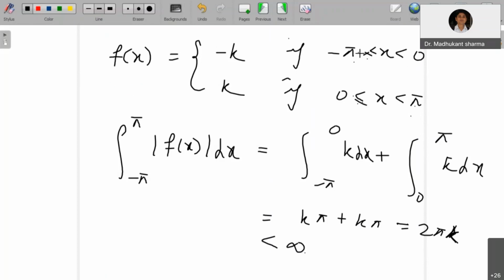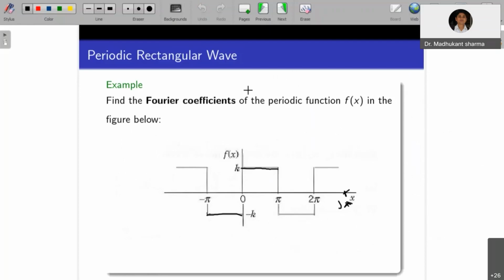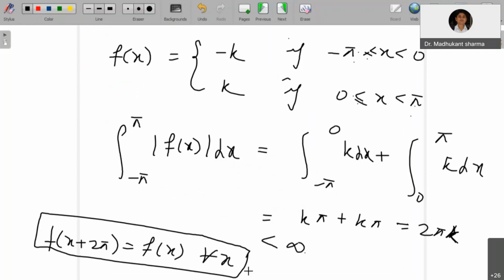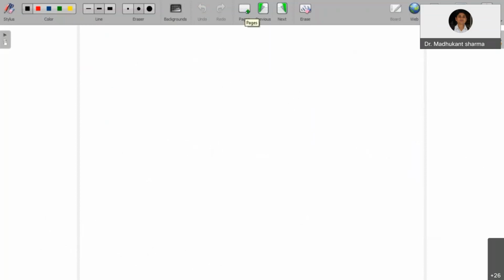At the end points, it has a left hand derivative and a right hand derivative. All those conditions can be verified. Moreover, by the graphical representation, it is very clear that f of x plus 2 pi equals f of x for all x, so it is periodic with period 2 pi. So all the Dirichlet conditions are satisfied. Now we are supposed to identify those Euler coefficients.